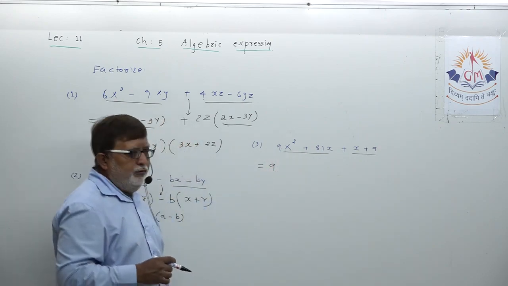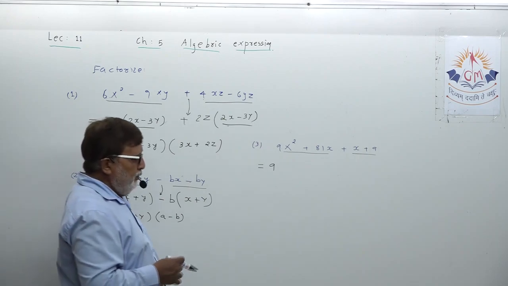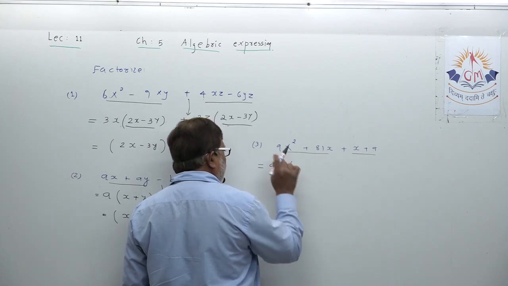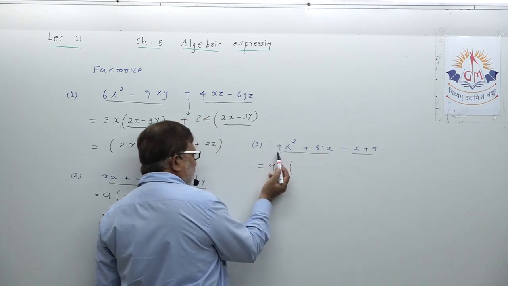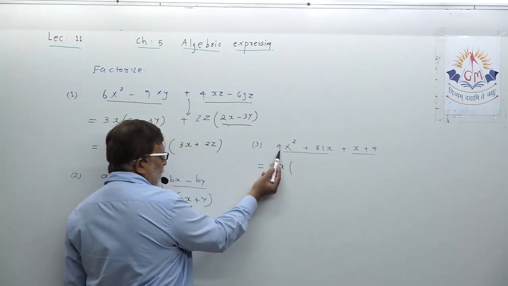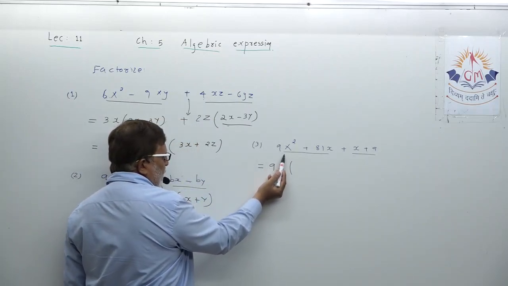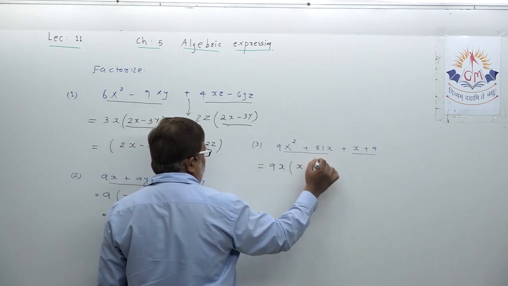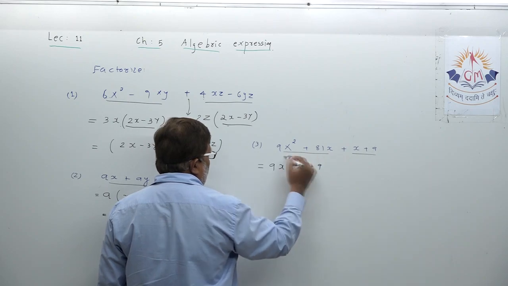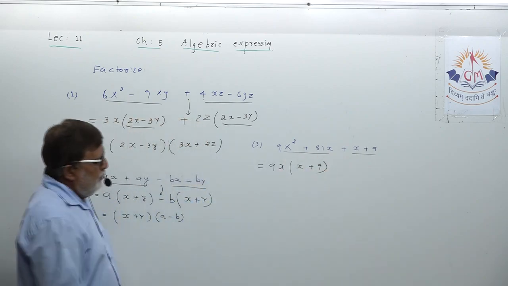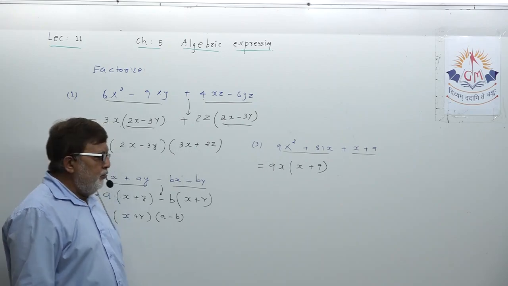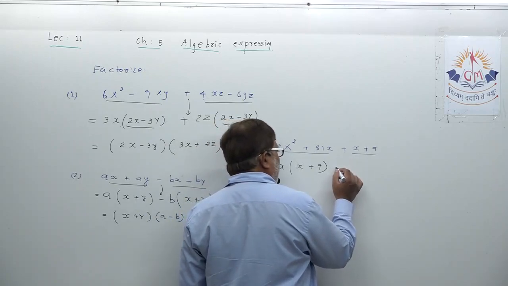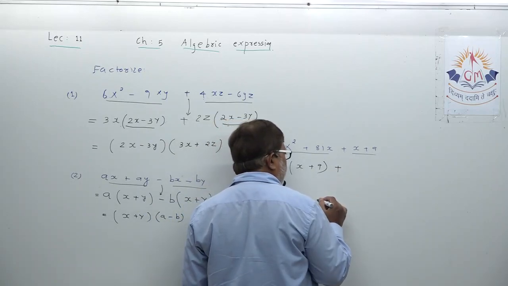Minimum power of the variable, okay, x square and x, x is common. From this first term, please be watchful. 9 is common, x is common, so x left. 9, how many times? 81, 9 times 9, x is already common. So 9x is common, and in bracket x plus 9, here plus sign, so plus.